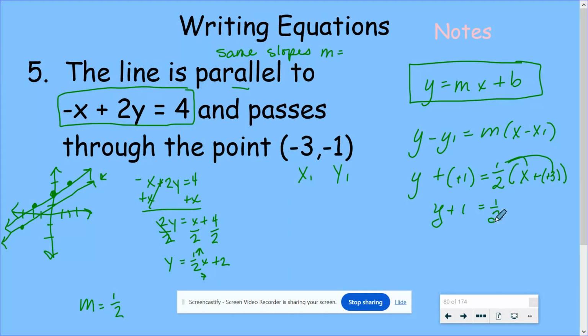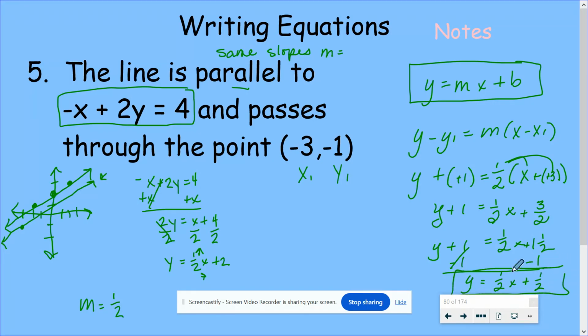So that's going to be 1/2 x plus 3 over 2. So y plus 1 equals 1/2 x plus 1 and 1/2. Oops, I forgot my plus sign. Minus 1, and y equals 1/2 x plus 1/2. There is the equation in slope-intercept form for the line that is parallel to this one right here, but passes through the point (-3, -1).